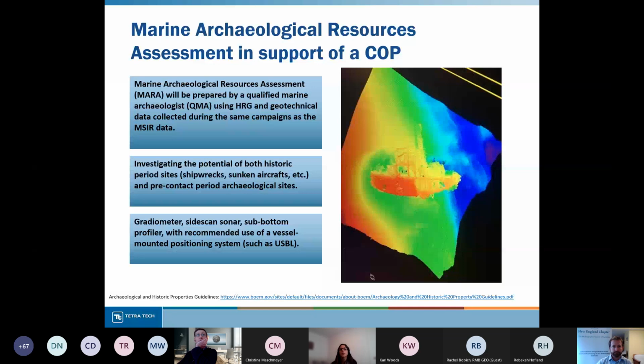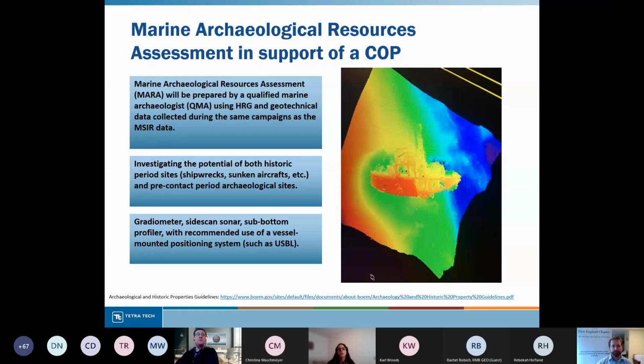And then we wanted to touch on the Marine Archaeological Resources Assessment, also called the MARA. This document is also appended to the COP and submitted to the developer to inform them of how to write the marine archaeological section of their COP. The MARA is prepared by a qualified marine archaeologist, a QMA.